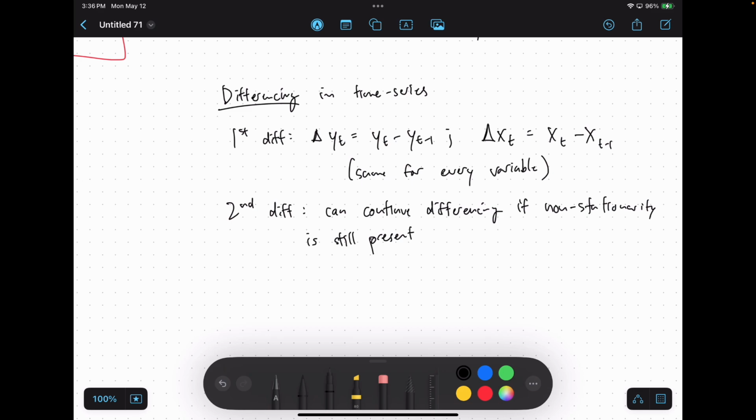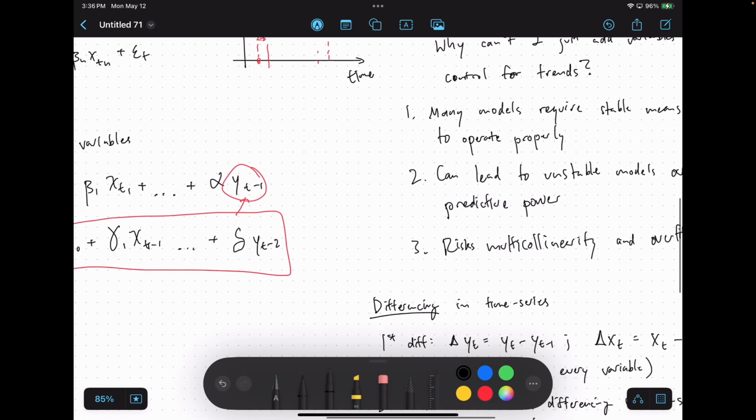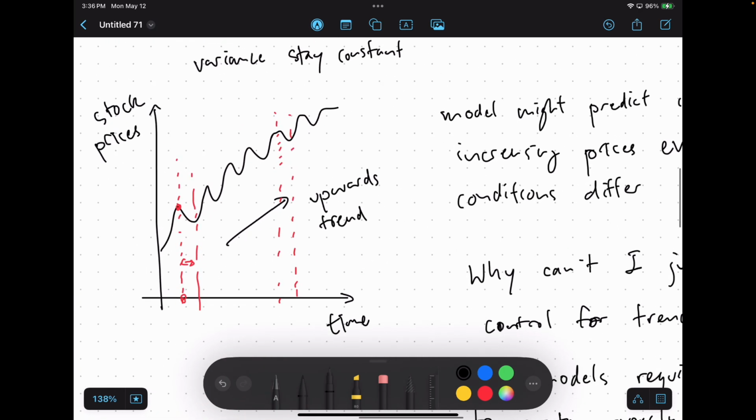Did you directly explain what stationarity was? You said it was a critical concept, but I'm not sure what it means. Yeah, so basically, stationarity is when you remove trends that are happening over time.